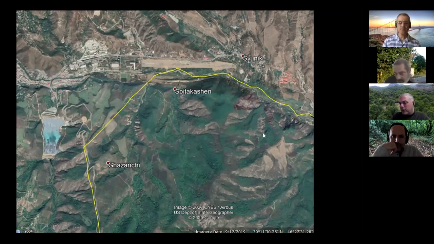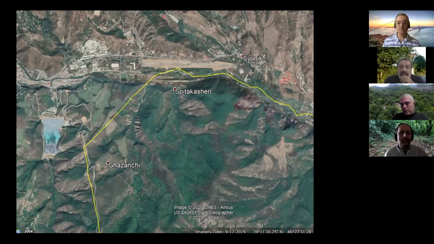Now they have all these strategic heights, which are overlooking around 13 villages. And in these two years, anything can happen. They can shoot at our villages. There can be cross-border clashes. The ceasefire, which was signed on the 9th or 10th of November, is very fragile, and anything can happen in the coming two years.